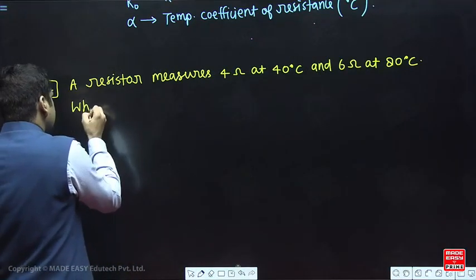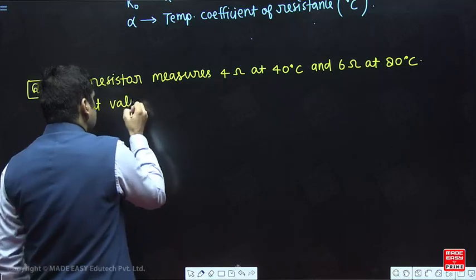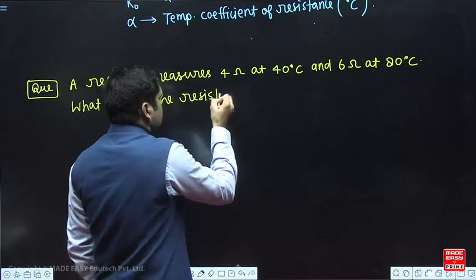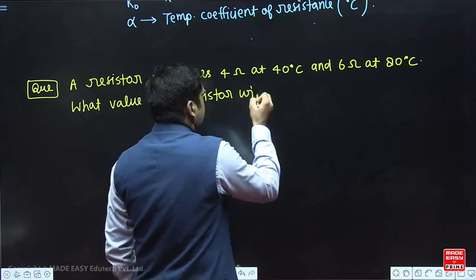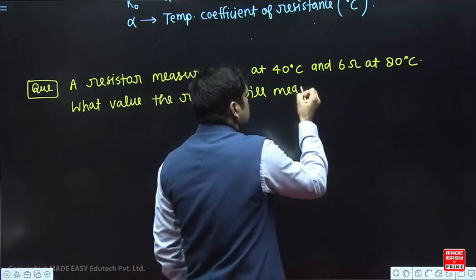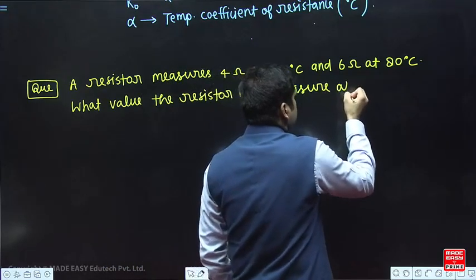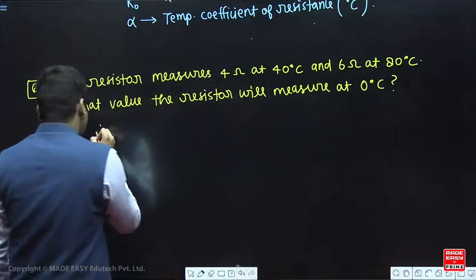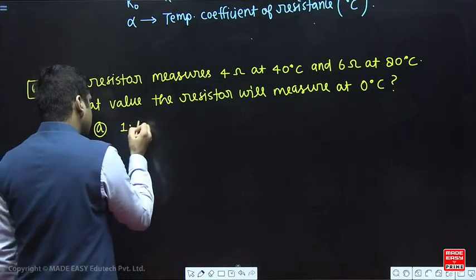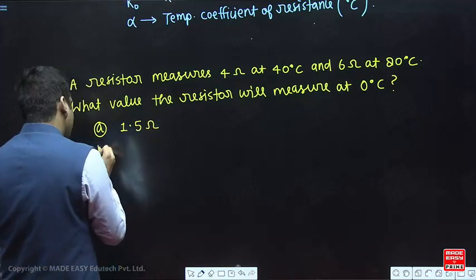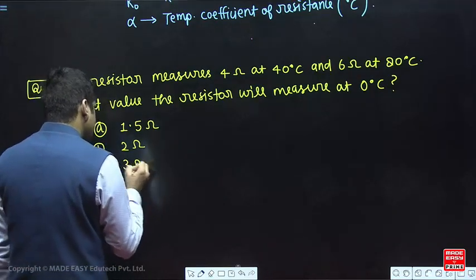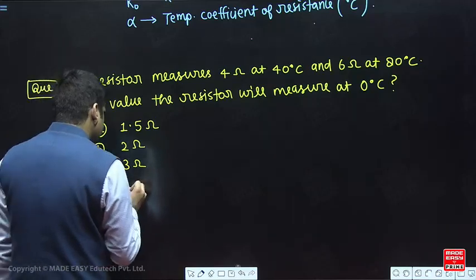What value will the resistor measure at 0 degree centigrade? Option A 1.5 ohm, option B 2 ohm, C 3 ohm, D 4 ohm.